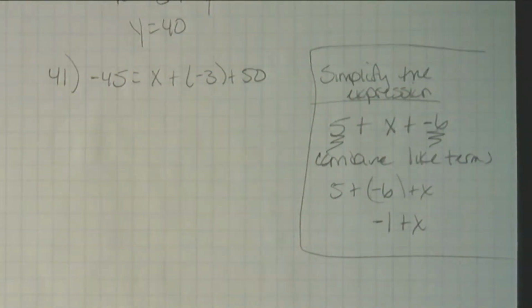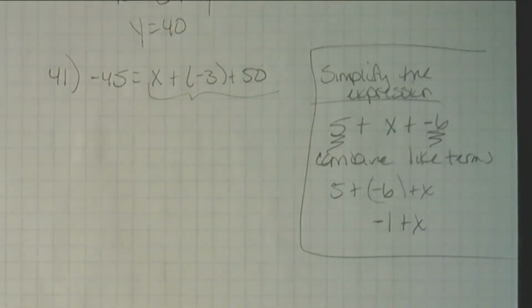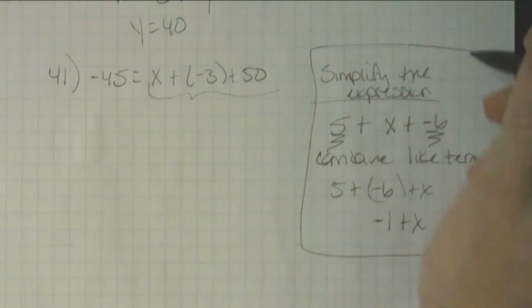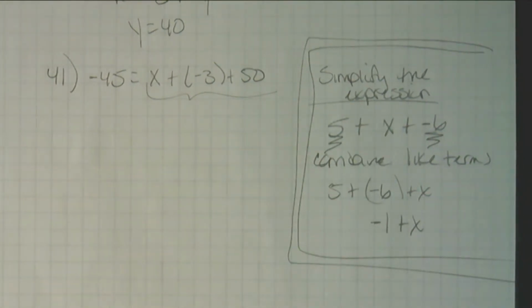And I want you guys to tell me, what do you think you need to do on that right side before I can start solving? What do you think I need to do? Talk to someone sitting by you. Use this as a guide.